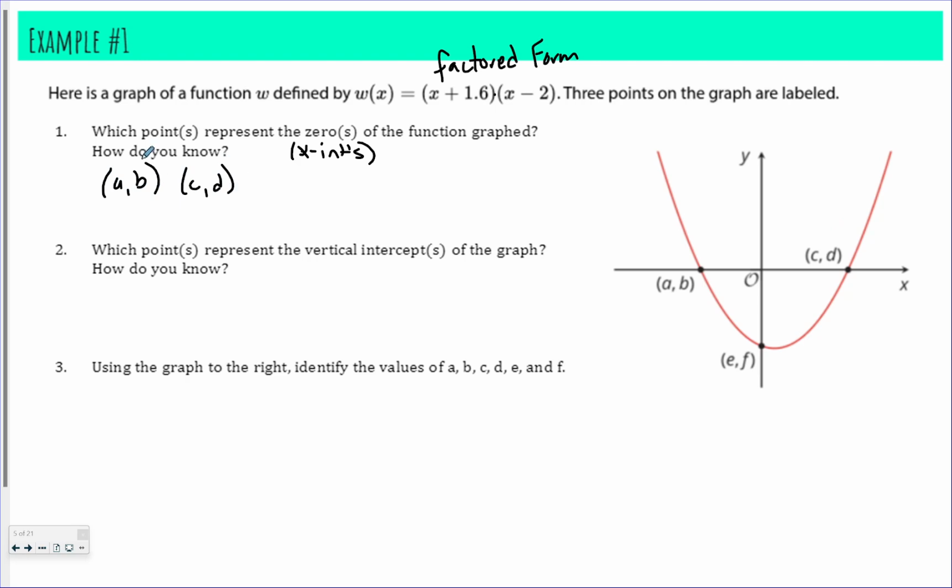And how do we know that? We know that these points give an output of 0, and that's what a zero is.